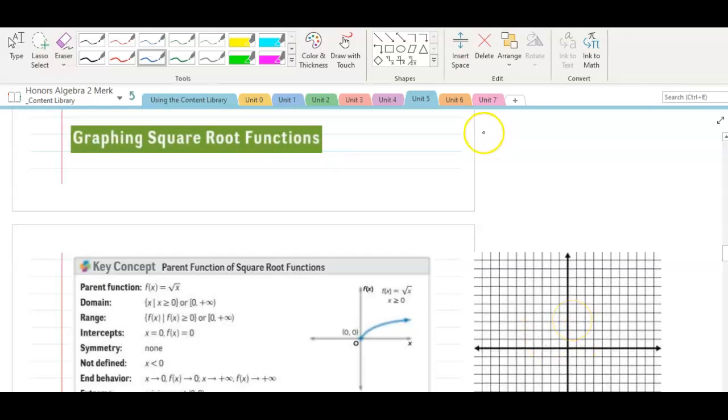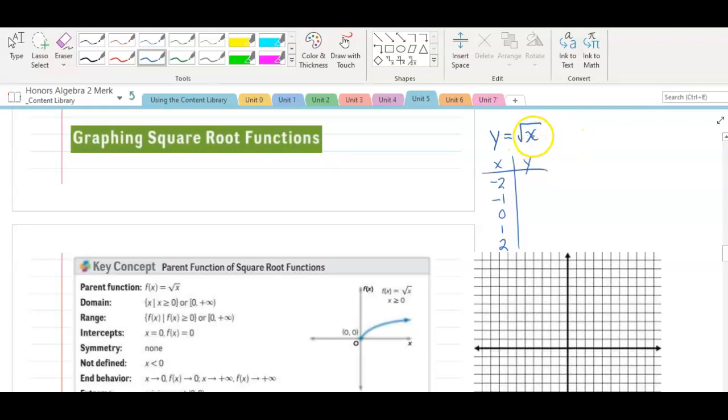So if I were to just graph y equals radical x, that's the parent function, or f of x equals radical x. The way we make any graph, if we're doing it by hand, is with a t-table. I usually like to do -2, -1, 0, 1, and 2, just to get things going.